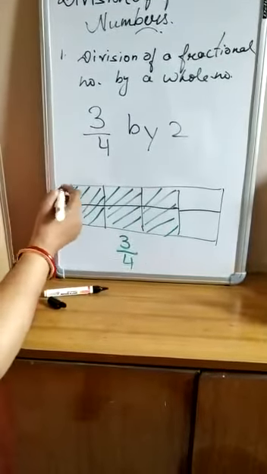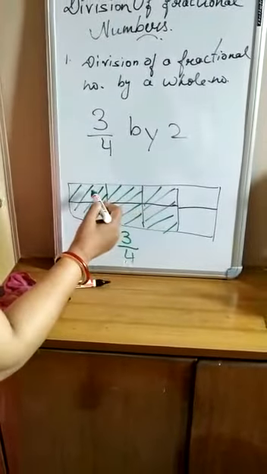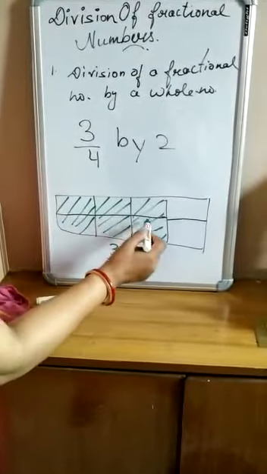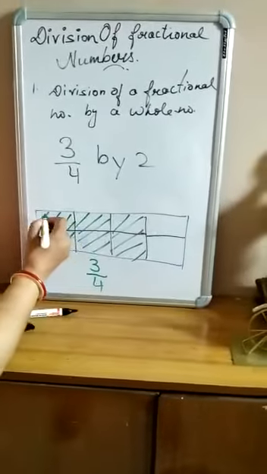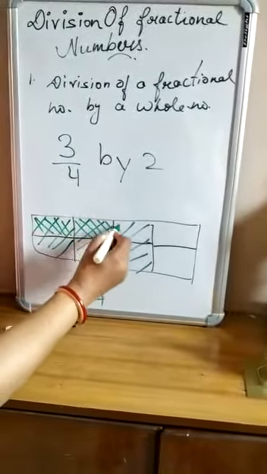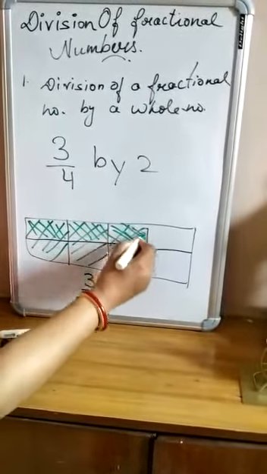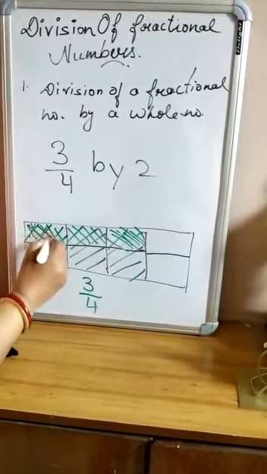Now, let us divide this 3 by 4 into 2 equal parts. What does this fraction represent?